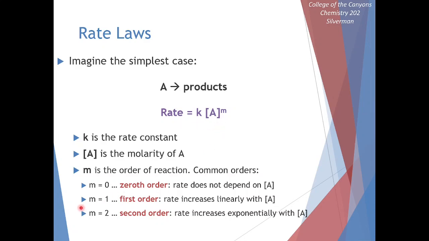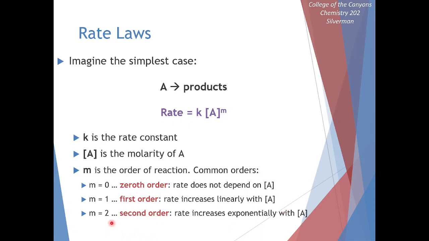If M is equal to 1, we call this a first order reaction. That means the rate of our reaction is equal to K times the concentration of A. That means the rate is directly proportional to our concentration. Our rate will increase linearly with that concentration.